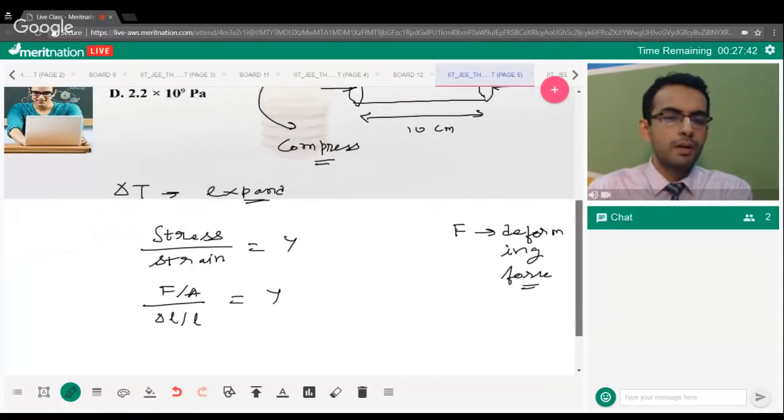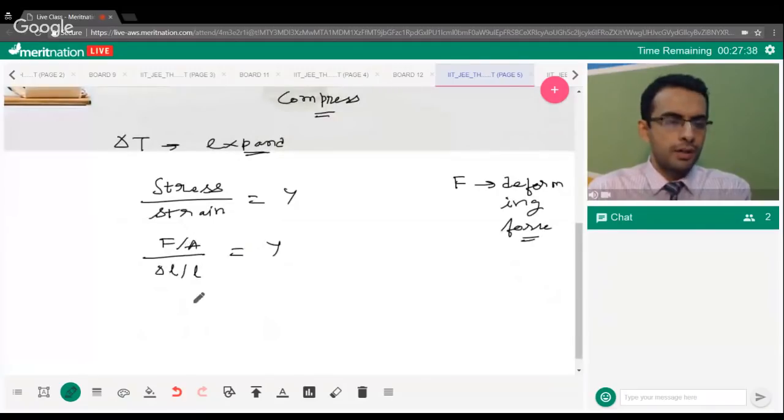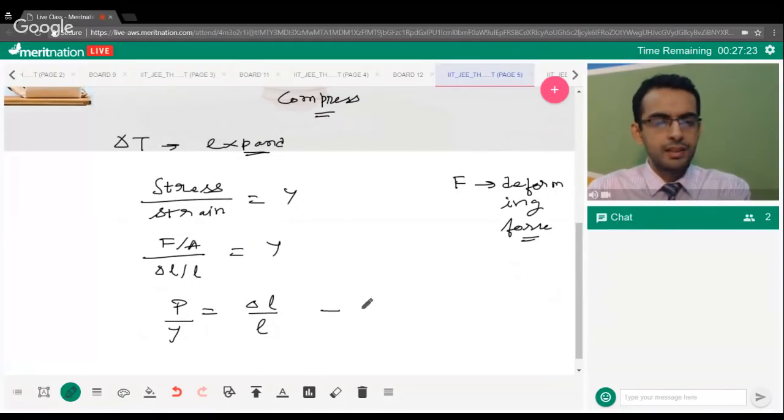In the question, we are required to find pressure. So we can replace F over A by P. So we can say P by Y is equal to delta L over L. Let's take this as equation number 1.